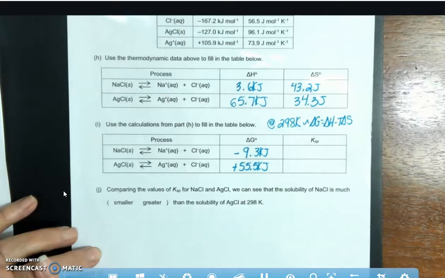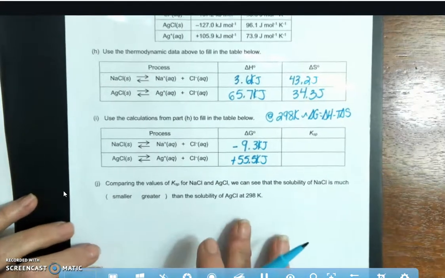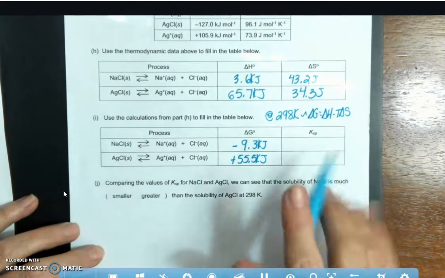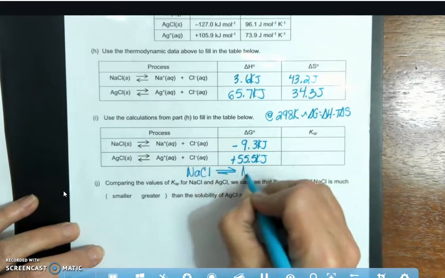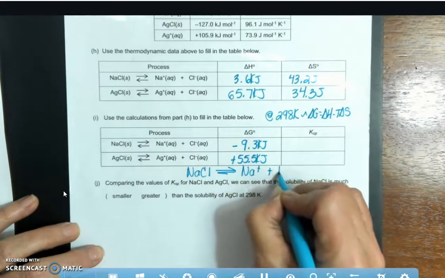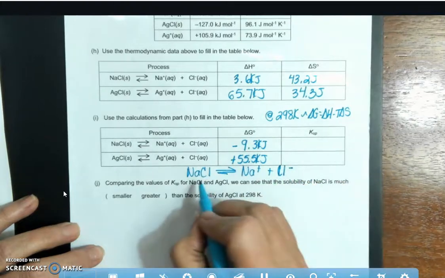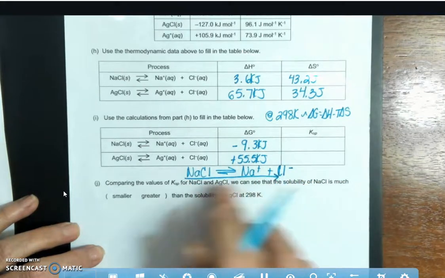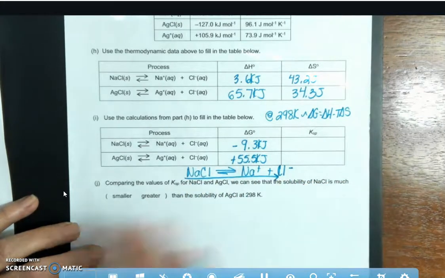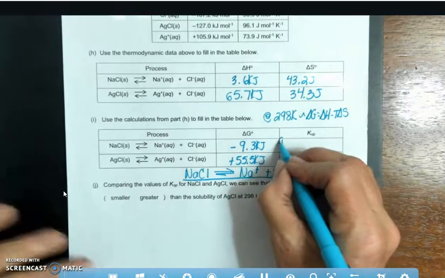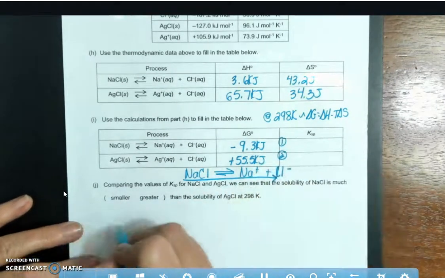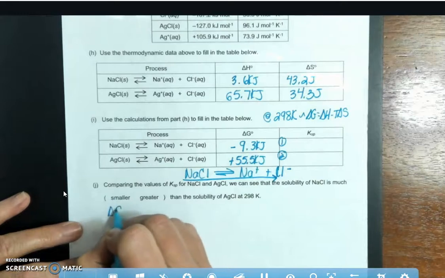Remember, the higher the K value, the more soluble it is, because the more it is going towards ions. So if I have sodium chloride in equilibrium with its two ions, if KSP is large, I'm going in that direction, and so I am dissolving easier. So let's do the calculation. I'm going to call this 1 and this 2. I'm just going to go through one calculation.